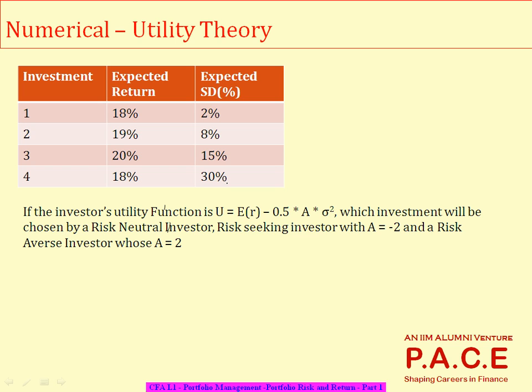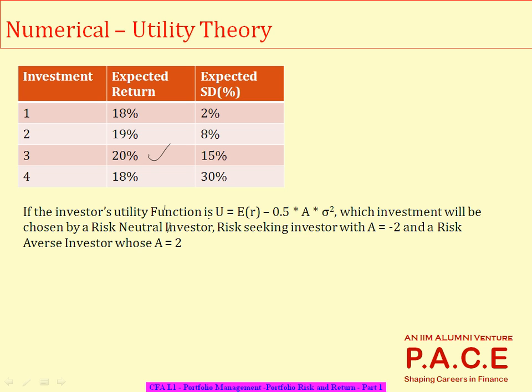So whichever has the highest expected return, he will prefer that investment. He is really neutral. Whatever the risk involved, he is least bothered. He wants the highest expected return. So a risk neutral investor will choose this one based on the utility function.